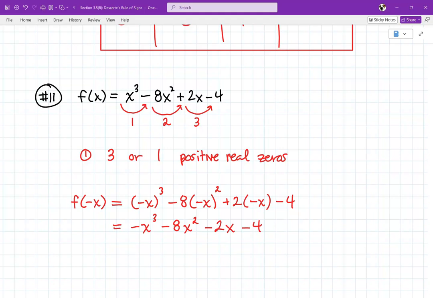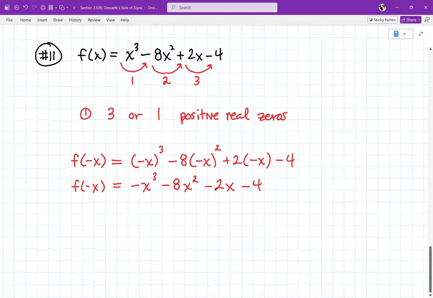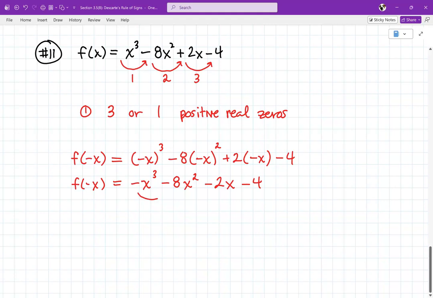Okay? So let's figure out the sign changes for this one. So from negative 1 to negative 8, it does not change signs. From negative 8 to negative 2, does not change signs. From negative 2 to negative 4, does not change signs.